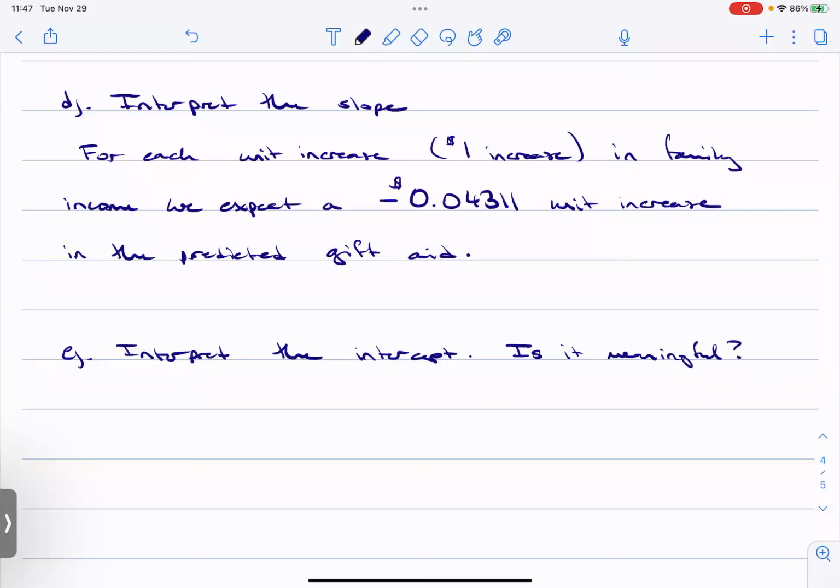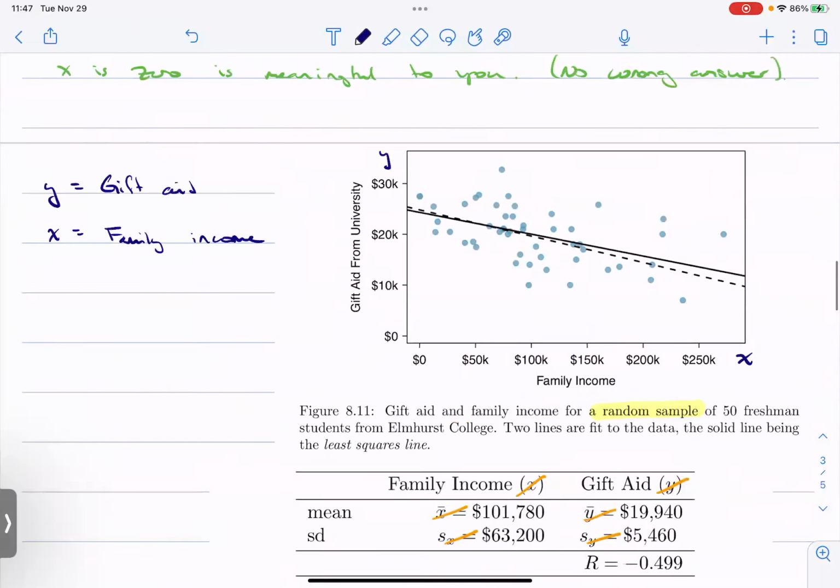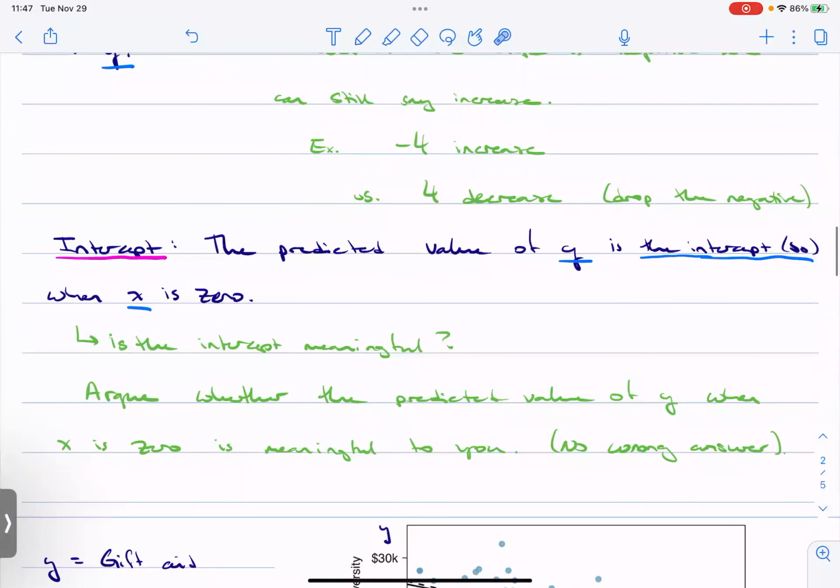Okay. The intercept, right, is the predicted value of Y when X is 0, right? I think I altered it slightly from what I usually do. The predicted value of Y is the intercept when X is 0.